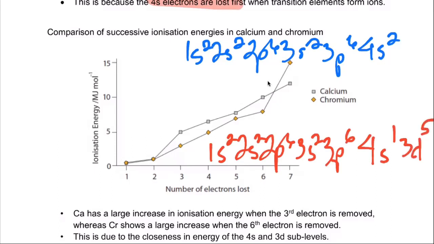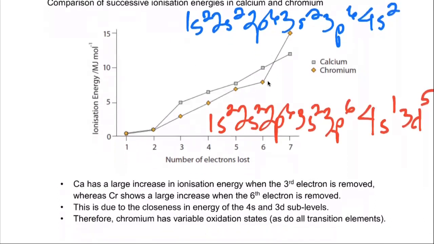It's not a transition element, because I can see that if I look at this graph, calcium has its ionization energy. There's not really a big increase, but then all of a sudden, after that second ionization energy, there's a big jump for calcium.